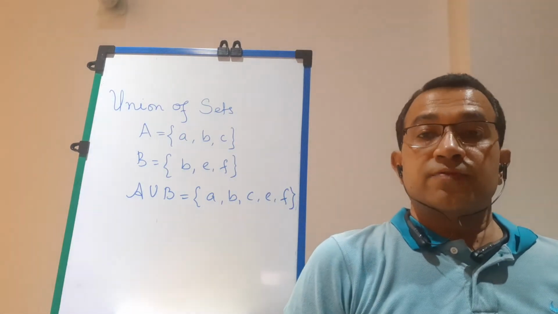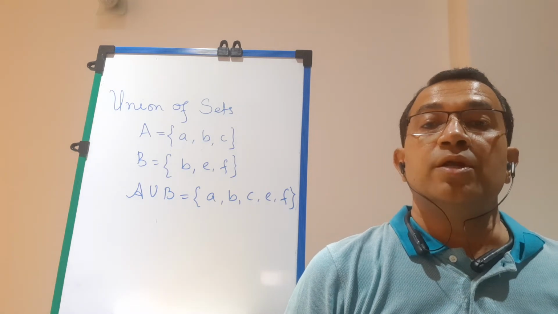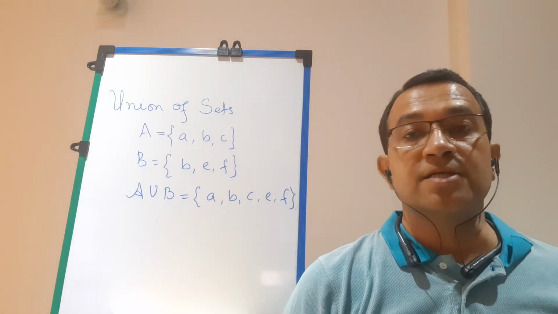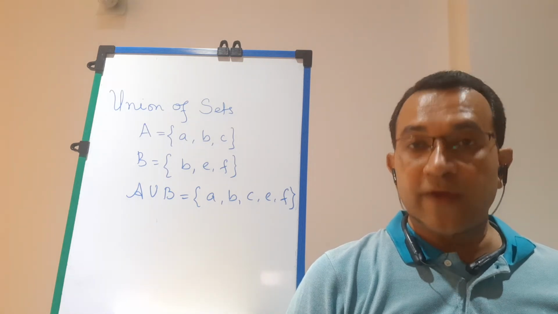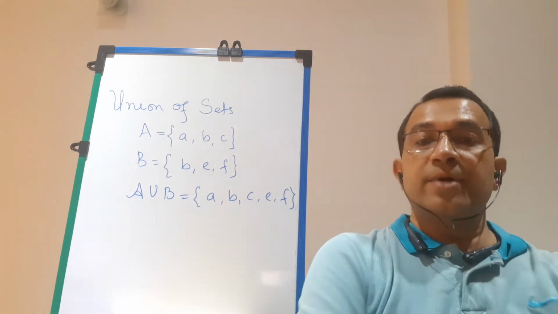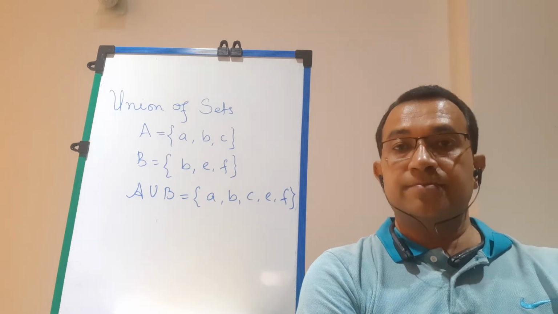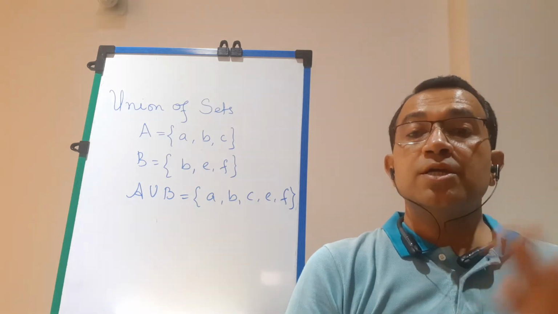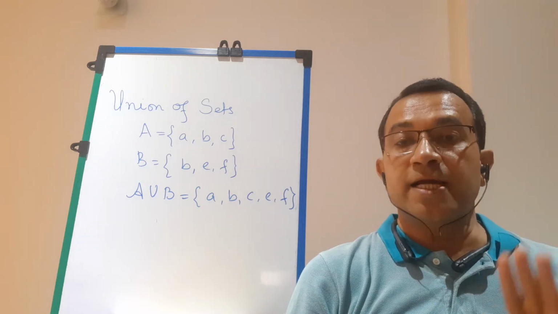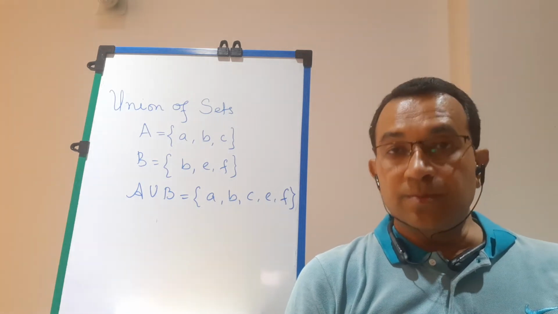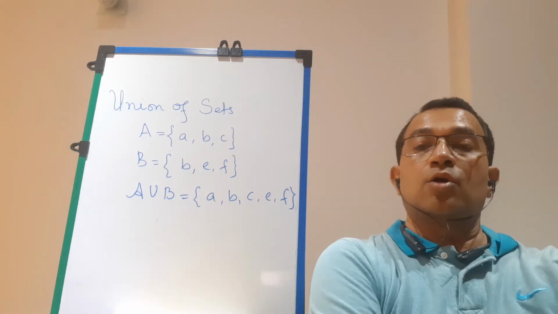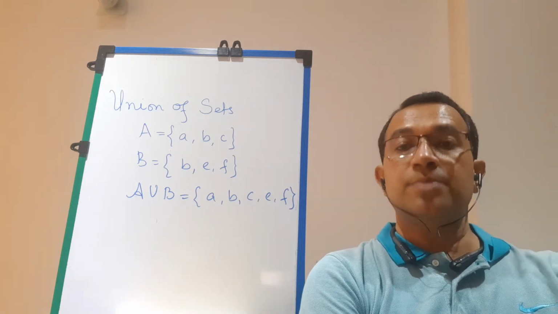In union, students, we write all the elements of A and B only once. Repeated elements are not repeated in the set, as this is a very well-known fact, students, that in a set, elements are not repeated. So in the union of sets, we have elements either present in set A or present in set B, or even a common element to A and B.